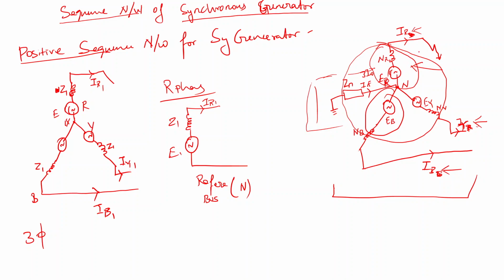But if a fault occurs in the entire system, then you may get negative sequence also in other components like transformers and transmission lines. Got it? So this is for positive sequence.